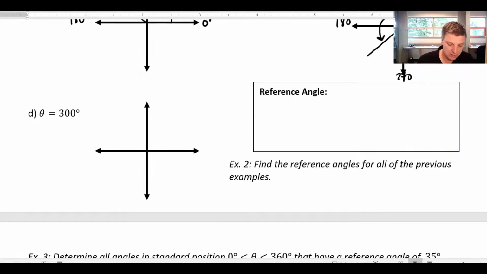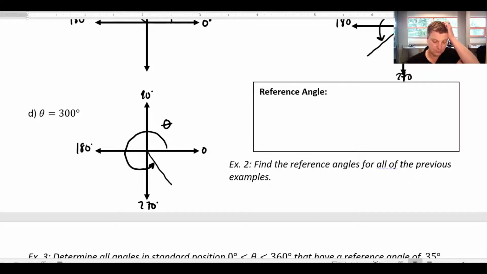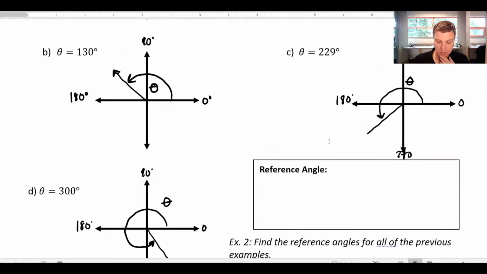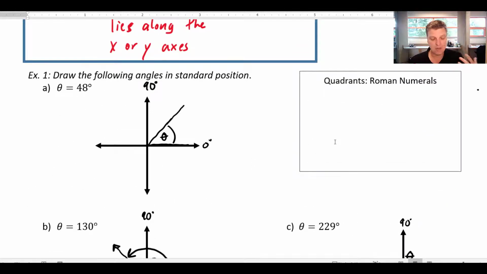And then last but not least, 0, 90, 180, and 270. So 300 degrees would be all the way around to about here. So this angle here would represent 300 degrees.